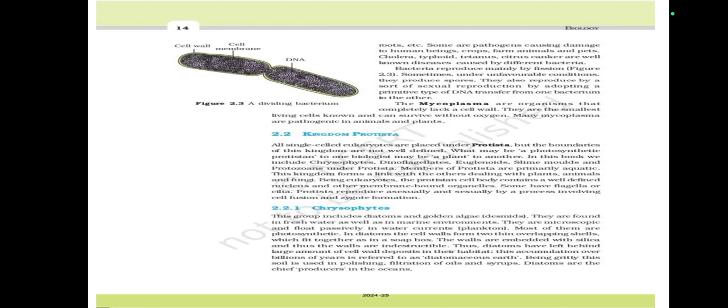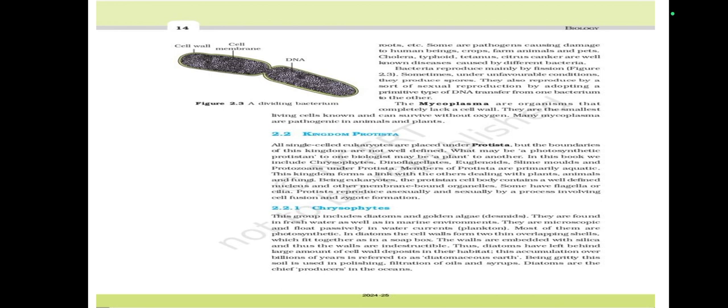Bacteria reproduce mainly by fission, figure 2.3, showing a dividing bacterium. Under unfavorable conditions, they produce spores. They also reproduce by a sort of sexual reproduction, adopting a primitive type of DNA transfer from one bacterium to the other.